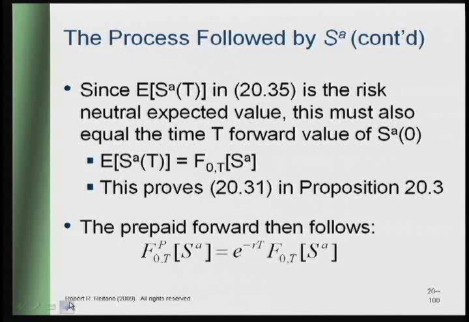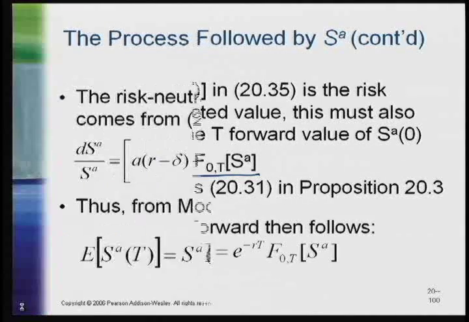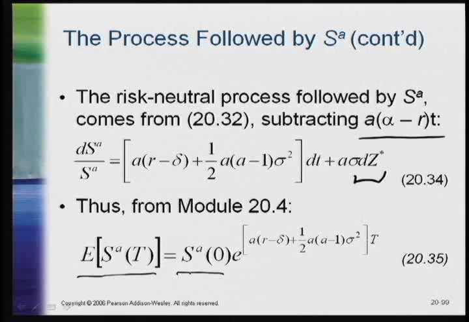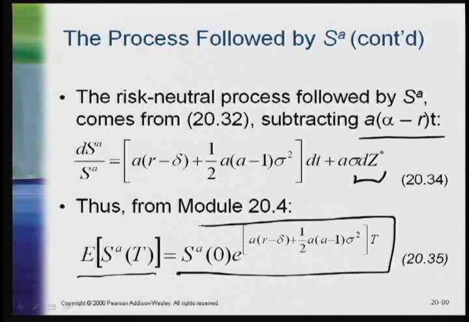Now, we saw in earlier work that under the risk-neutral process, the expected value of s to the a is the forward price. And that's the result from our earlier proposition 20.3, namely that this is the formula for the forward price at time 0 of s to the a.